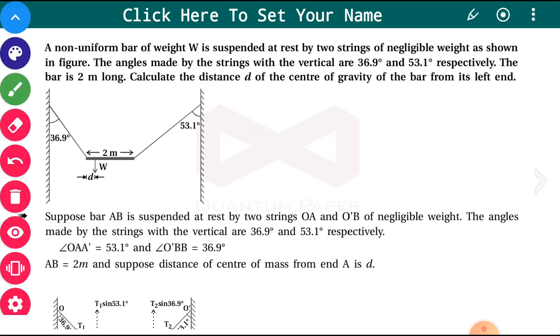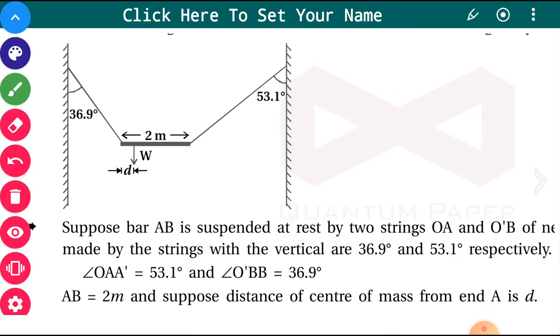Okay, now see, first of all try to understand this figure. If this line is extended, okay, if this angle is 36.9, then this angle must be 53.1, and if you extend this line in forward direction, and if it is 53.1, then this must be 36.9 degrees.